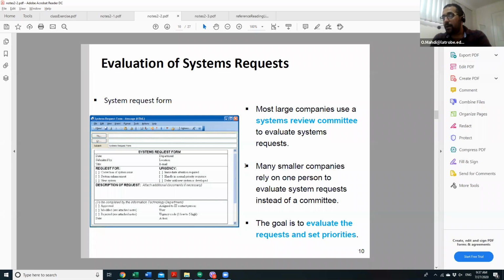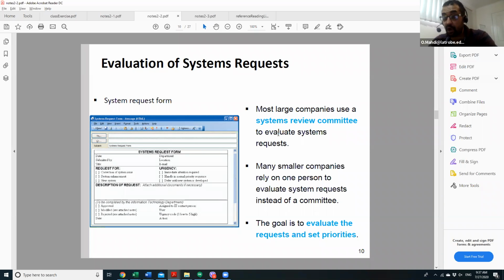When you are working in very big companies, let's say Apple or Microsoft or whatever, just these big names, they have something called a system review committee.